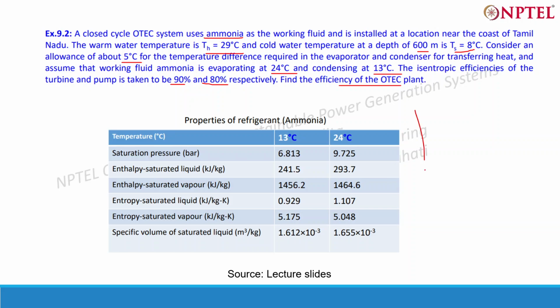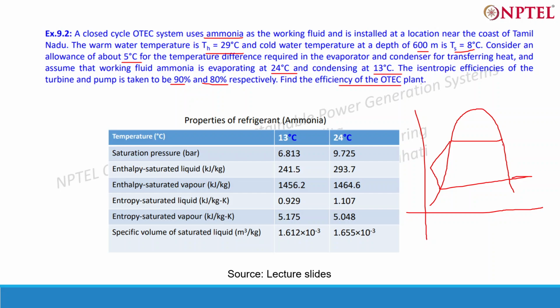So the first thing we have to do is to draw a Rankine cycle. Then you will be able to solve this question very easily. This will be something like this.